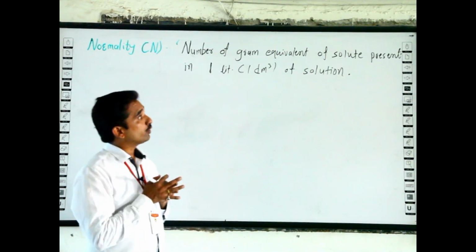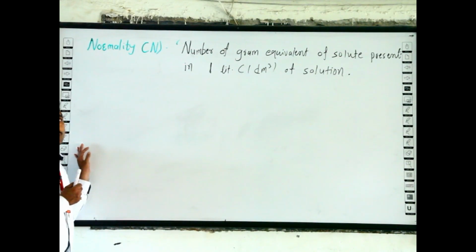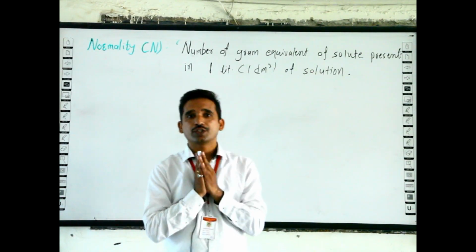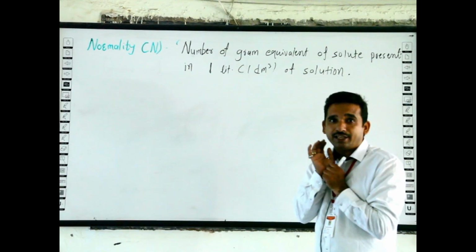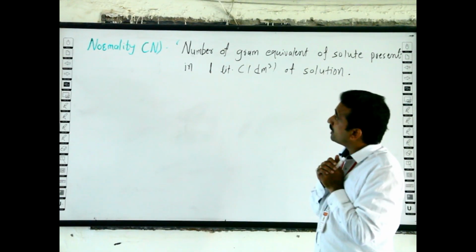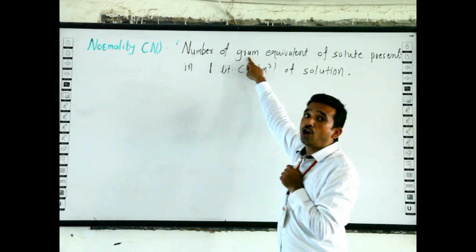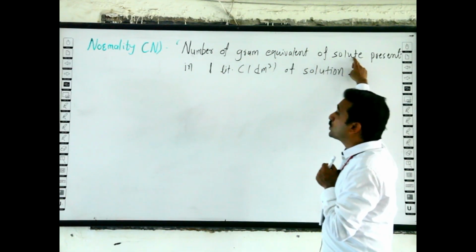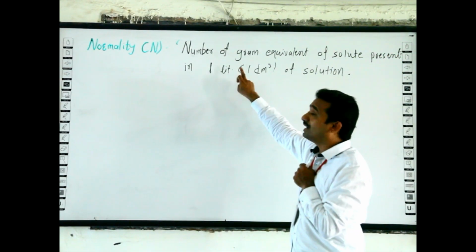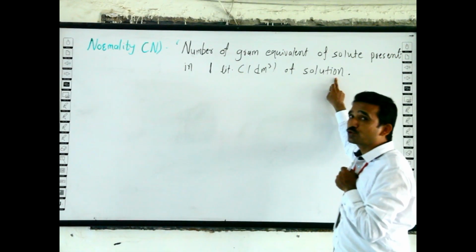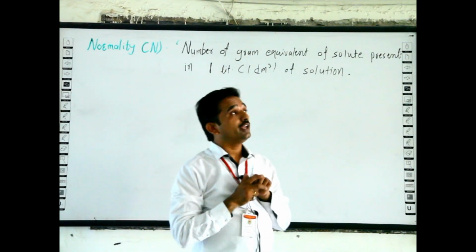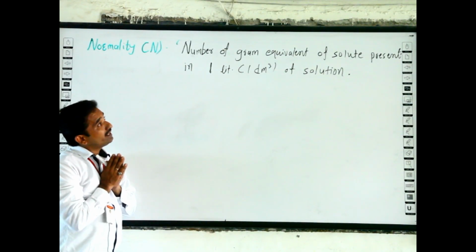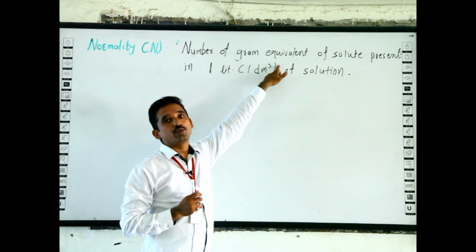The formula is the number of gram equivalents of solute present in 1 liter of solution. Again, this concept is similar to molarity. In molarity, the formula is number of moles of solute present in 1 liter of solution. And in normality, the new word is gram equivalent.